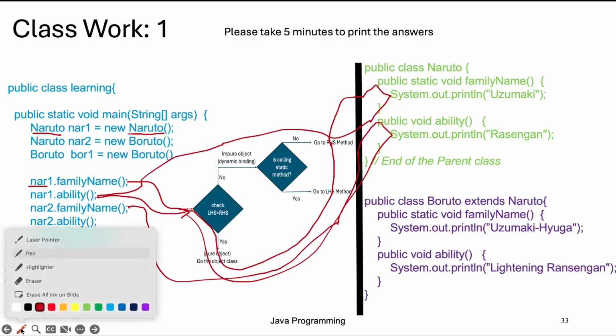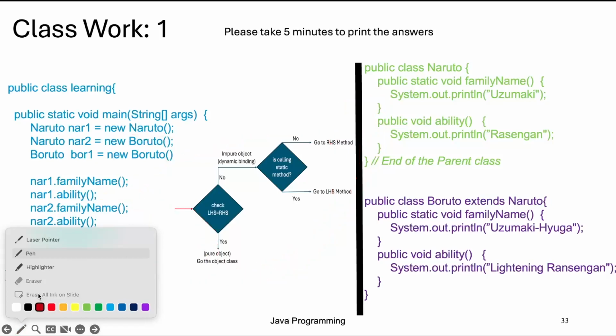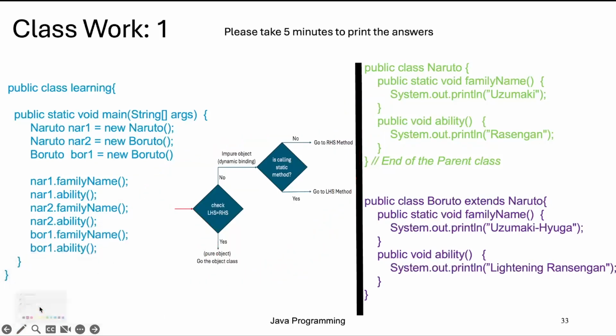Here the things become different. Okay, so I will remove and then we will come here. Okay, here we will check LHS is equivalent to RHS. No, LHS is not equivalent to RHS. So let's go up.